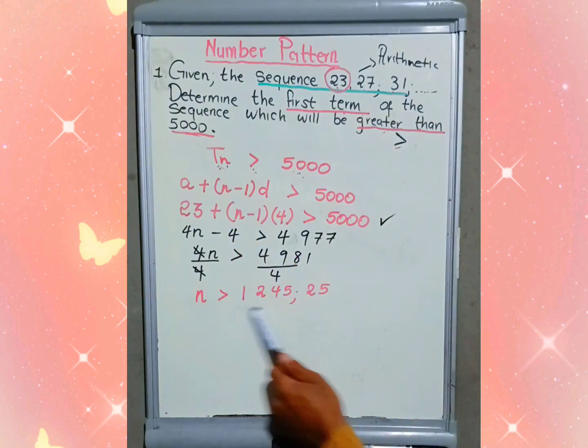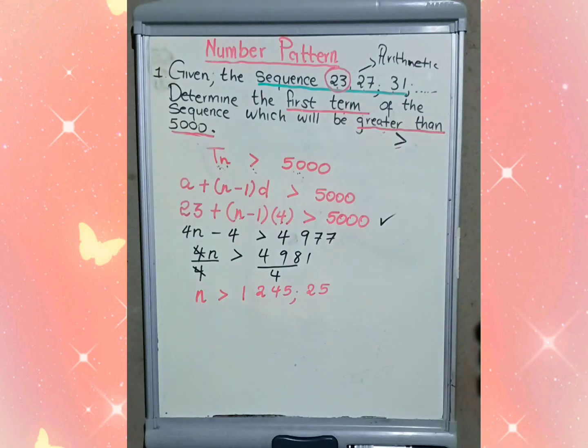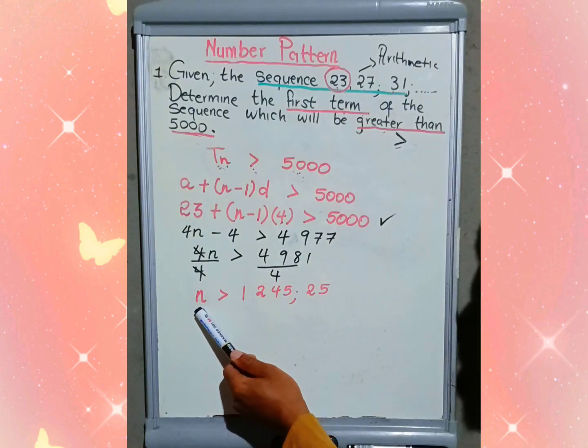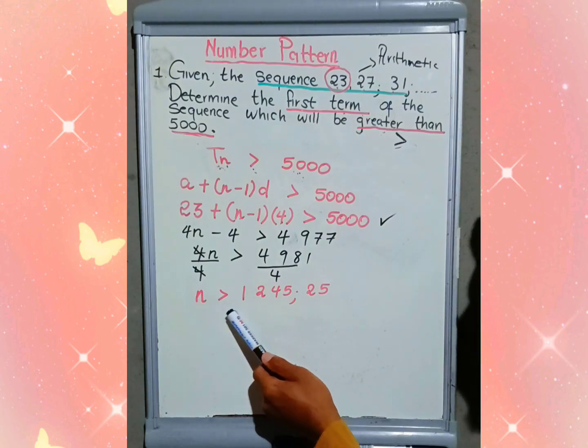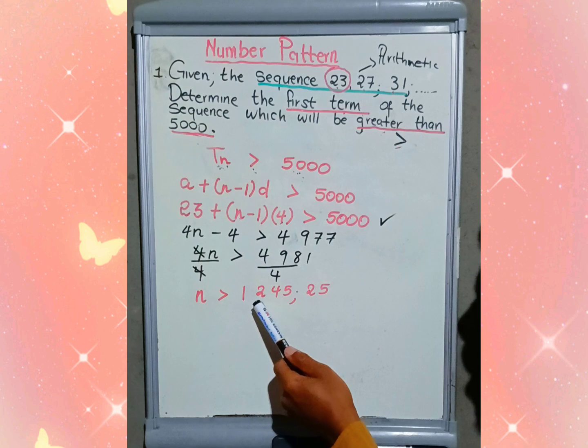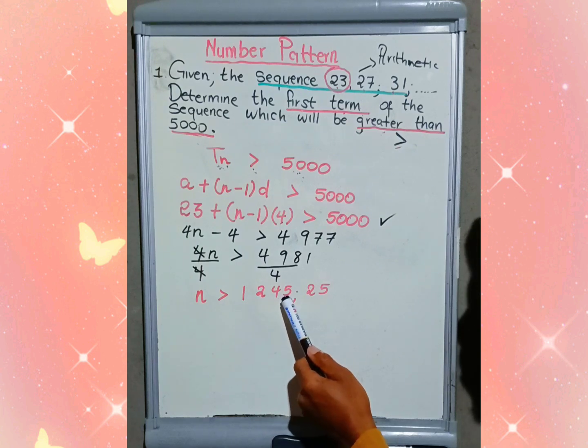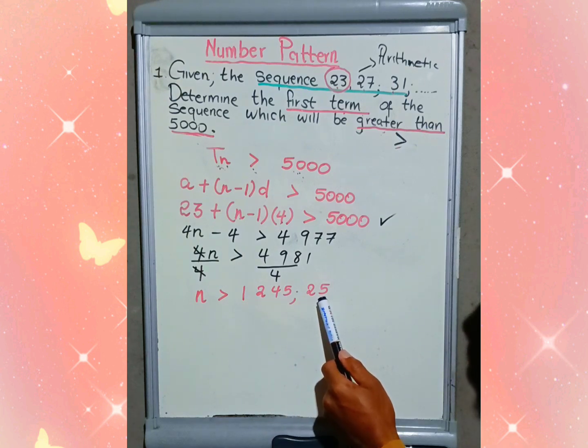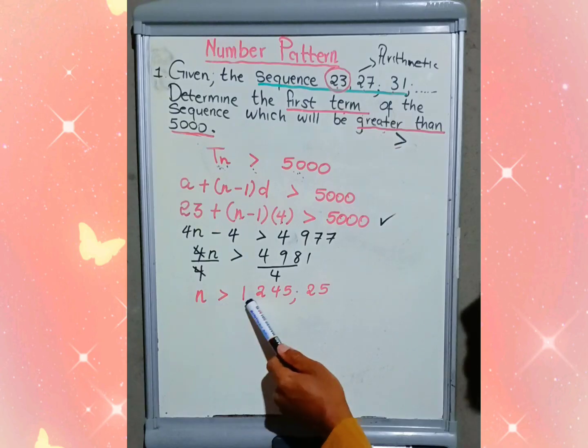When you read this inequality, it tells you what is needed. This says that n is greater than 1,245.25.